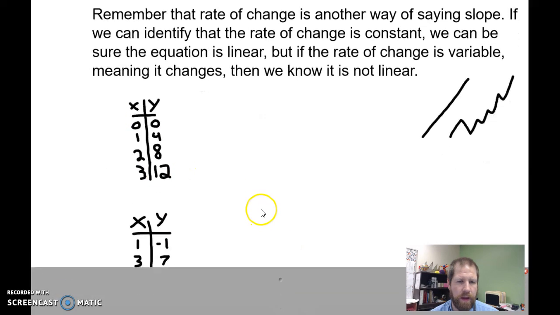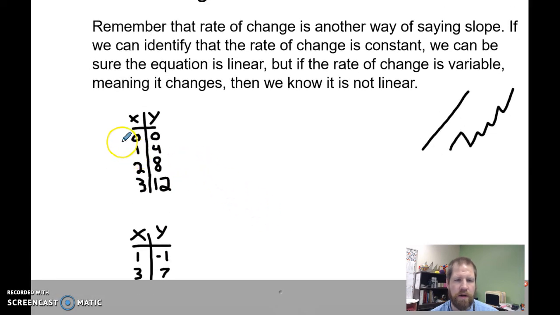Okay. To do that, we're looking at our rate of change, so the amount that our value increases or decreases as we go up. Okay, so here x increases by 1, so it's a plus 1, and y increases by 4.